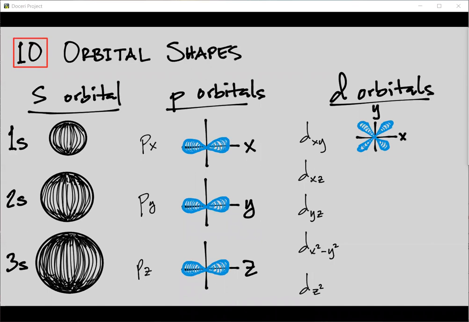For example, the dxy, you have the lobes in between the x and y axes. The dxz looks exactly like the first one, except the lobes lie between the x and the z axes. Same thing for the dyz, except the lobes lie on the yz plane.